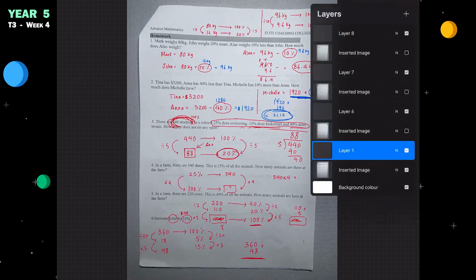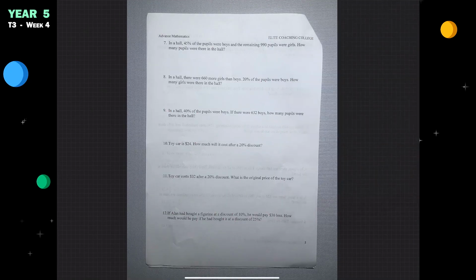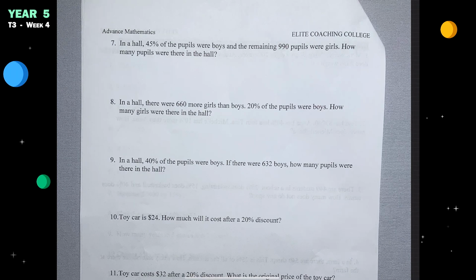Next question. Next page. In a hall, 45% of the pupils, meaning students, so this is another word for student, were boys, and the remaining 990 pupils were girls. How many pupils were there altogether in the hall?